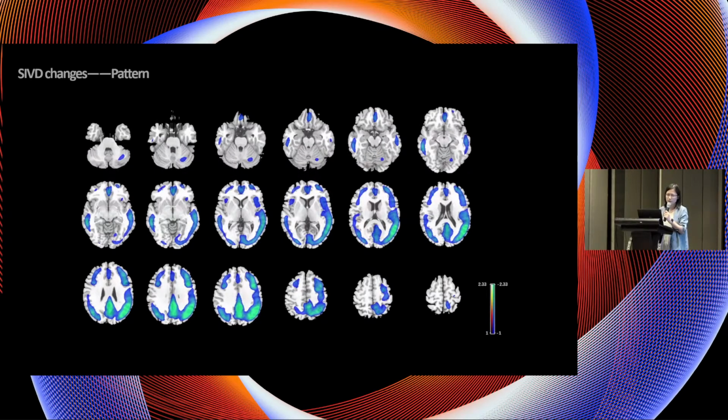To identify the SFAD pattern, we also applied SSM PCA analysis. We can see the covariance pattern shown here. The relatively decreased regions include frontal, temporal, and parietal areas.